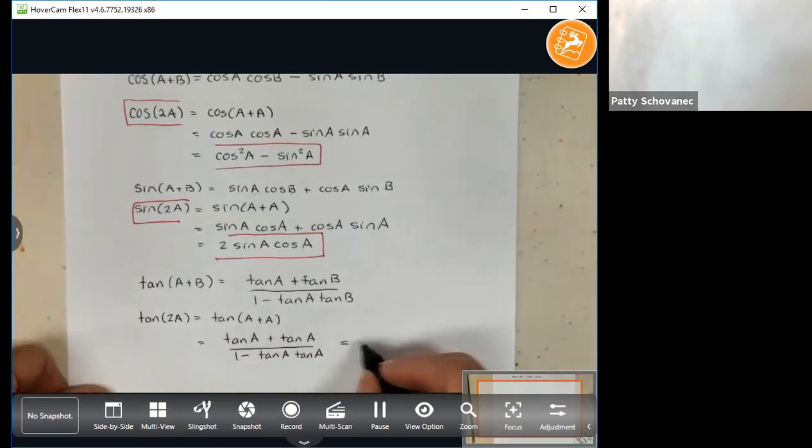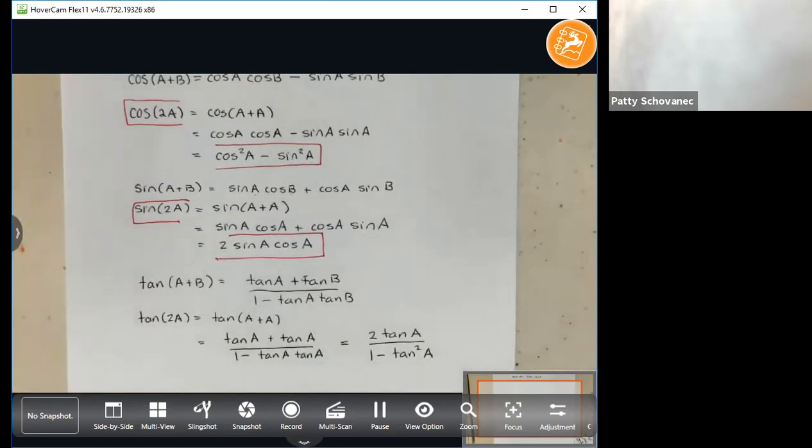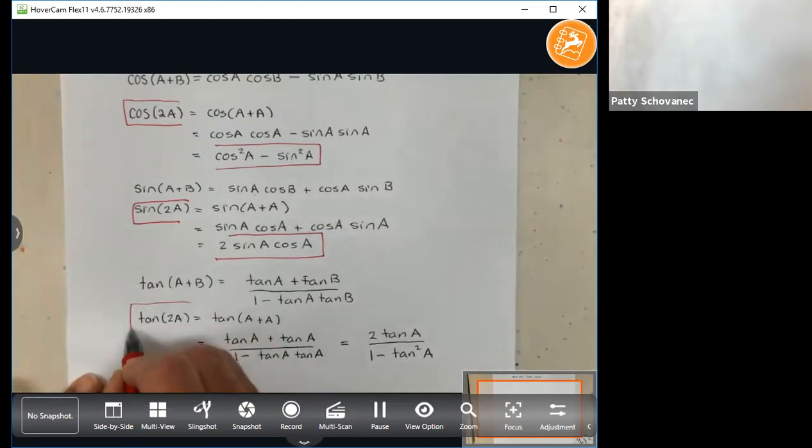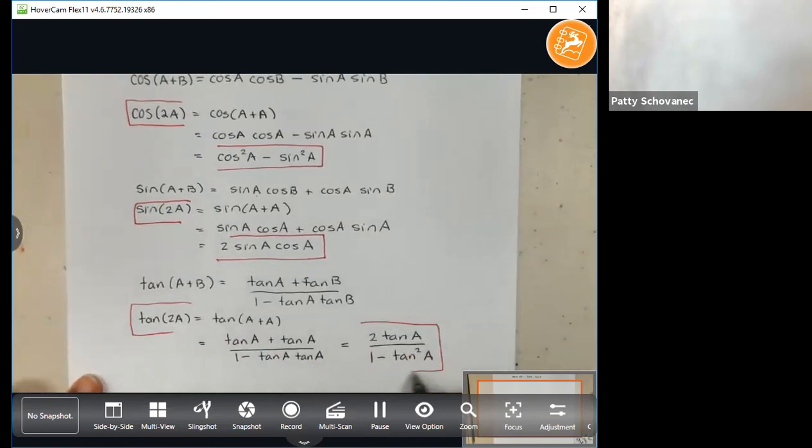And that's going to simplify as 2 tangents of a by adding. And then when I multiply, I get a tangent squared. So in the denominator, I have 1 minus the tangent squared of a. So 3 more formulas.